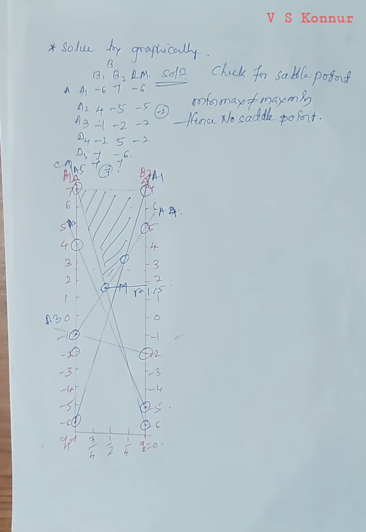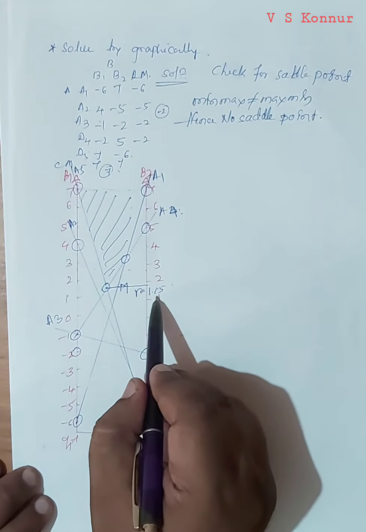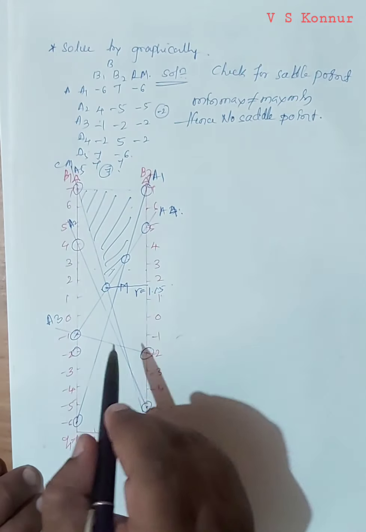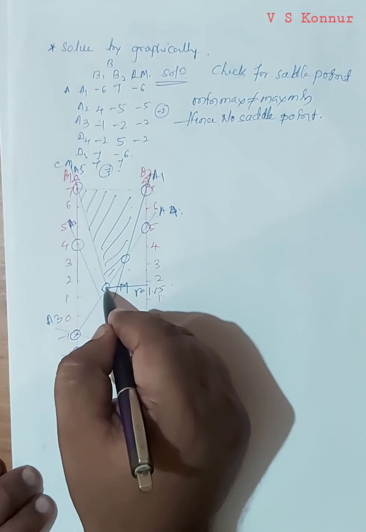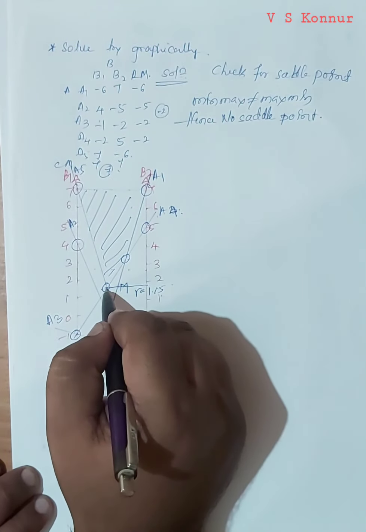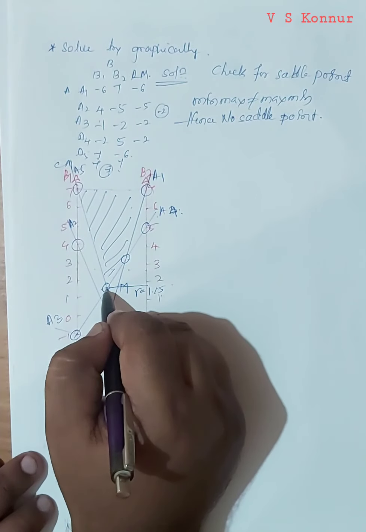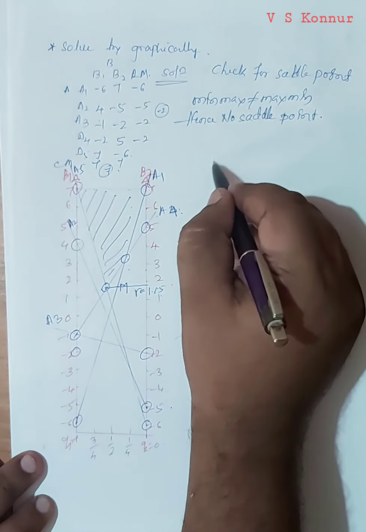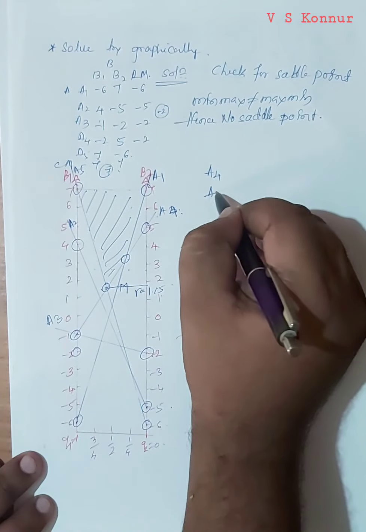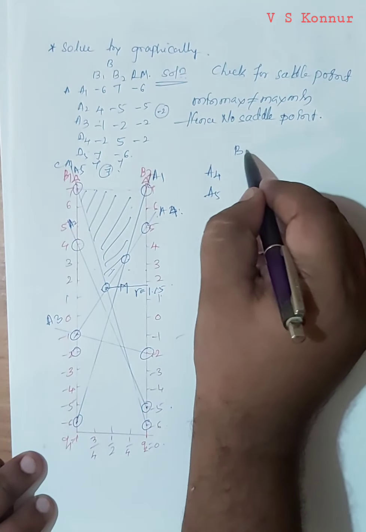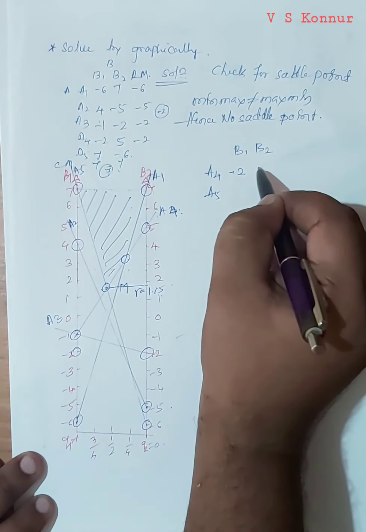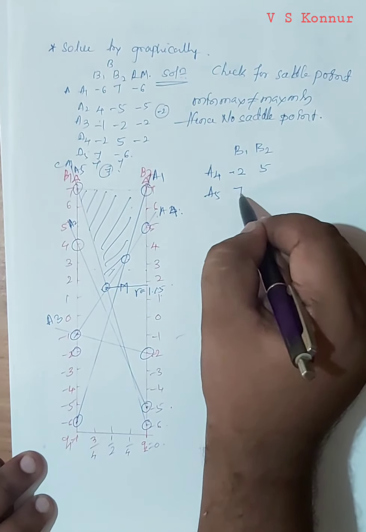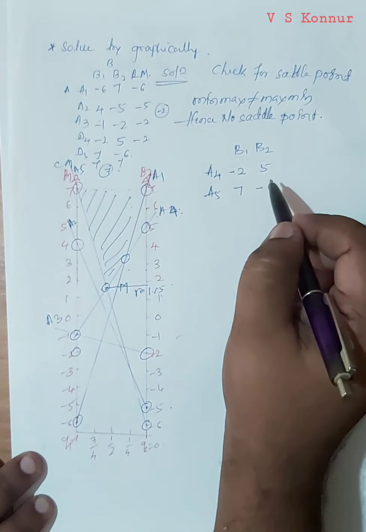So from the graph you will get an approximate value, right? Now we'll calculate whether we will get 1.15 or not. Now this line is intersecting A4 and A5, so we have reduced it to A4 and A5. For that you have to take B1 and B2. A4, A5, that is nothing but minus 2, 5, 7, minus 6 from the given problem.